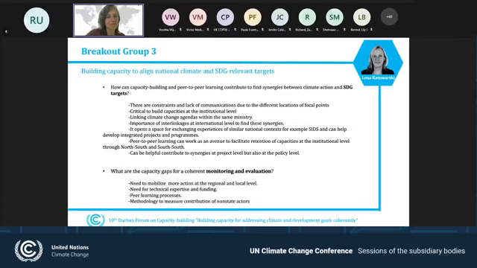We see that it's critical to build capacities at the institutional level, not only at the individual level. We as JSZ also see the individual level, the institutional level, and the systemic societal level. So it is critical to build capacities on all levels in order to get these synergies.